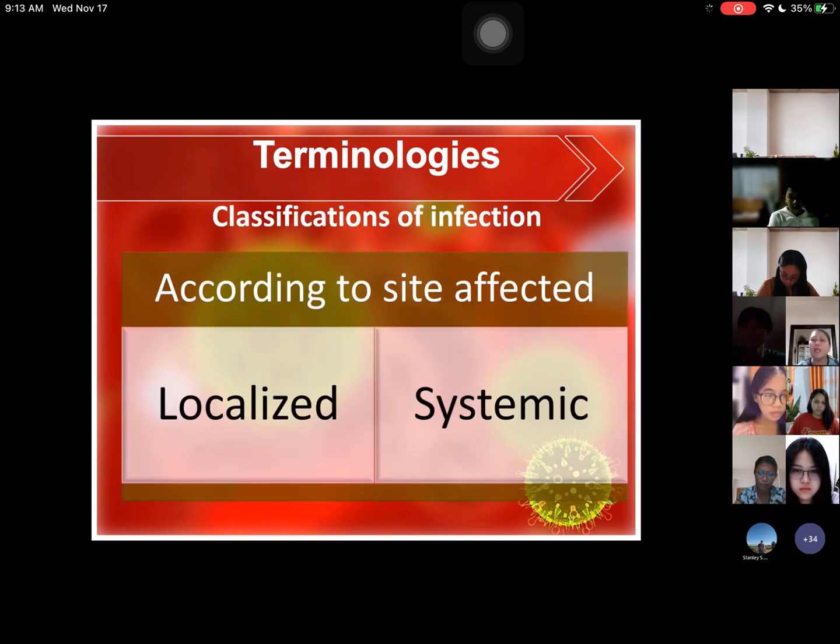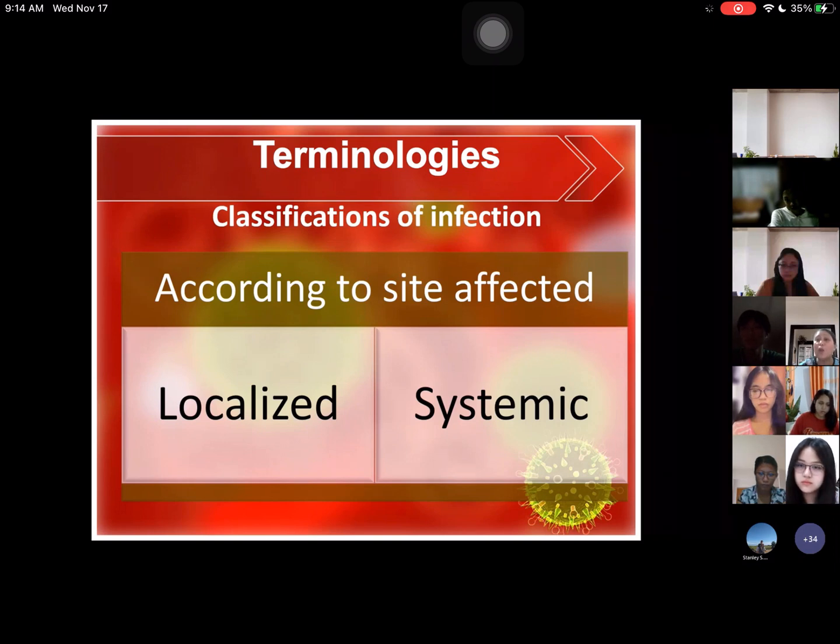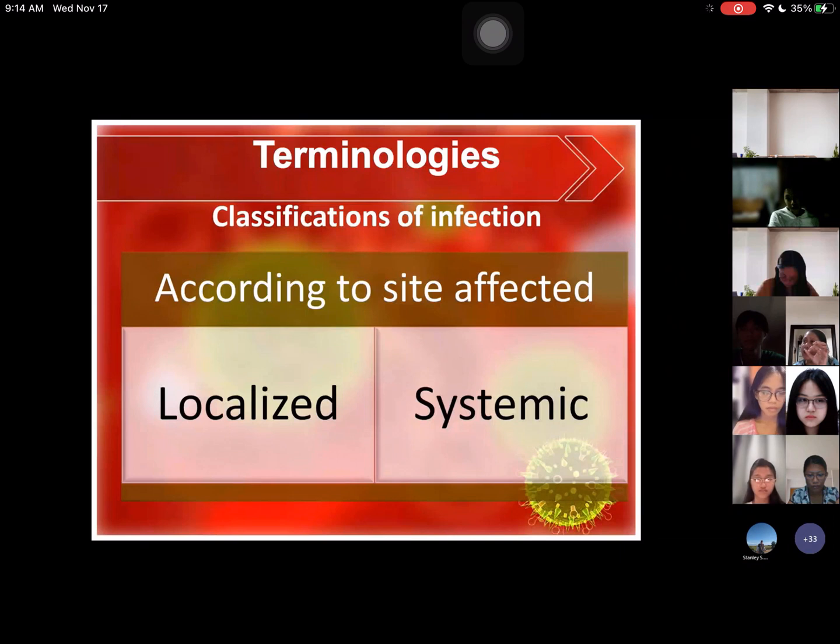For the classification of infection, this is according to the site affected. So we have two classifications. First, we have the localized infection. So when you say localized infection, it has something to do with the infection that is actually only in one area or locality.